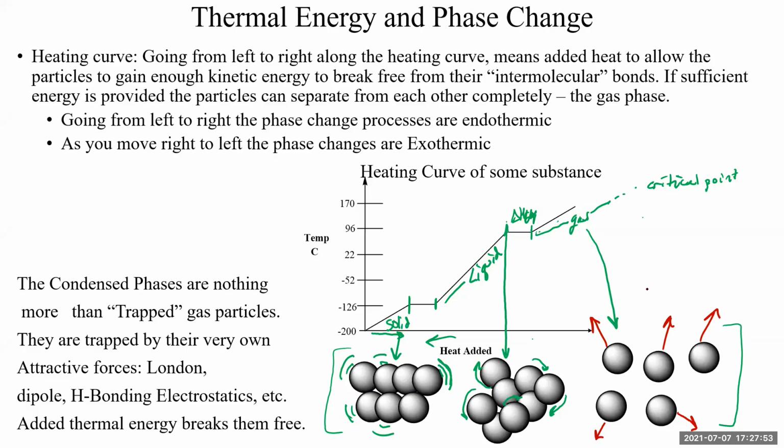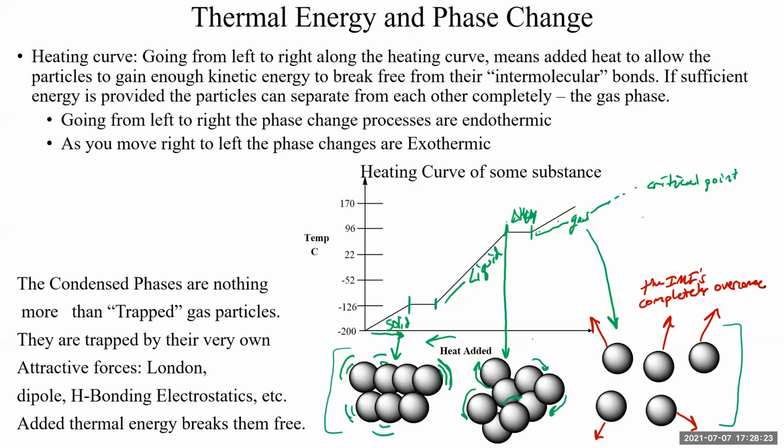At this point in the gas state, the intermolecular forces, the IMFs, can be said to be completely overcome. All those attractive forces have been overcome by the amount of energy that has been added or absorbed by the substance. It takes energy to get these substances to move, to overcome their attraction to each other and to start moving away from each other.